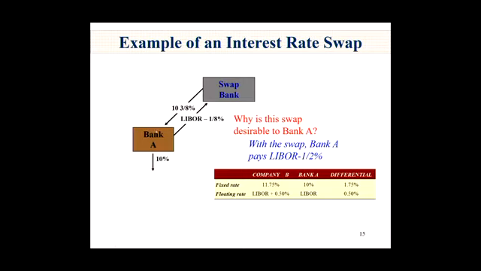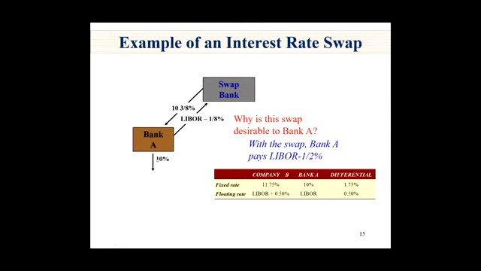Well, we already know that it is cheaper for Bank A to have a fixed rate debt at 10%. So they can borrow at 10%. How can they pay that 10% loan?